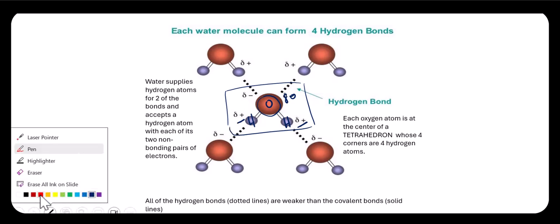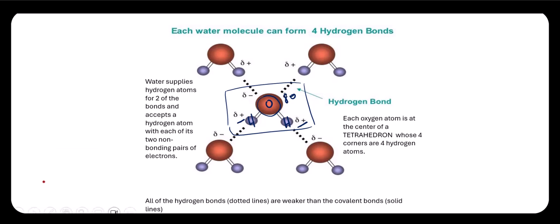But nothing happens in a vacuum. So what happens then, because of these partial charges, is each oxygen will hang out with another hydrogen. What I mean by hang out is it's not sharing anything. It's an attraction between this partial negative charge and those hydrogens of two other water molecules, partial positive charges.